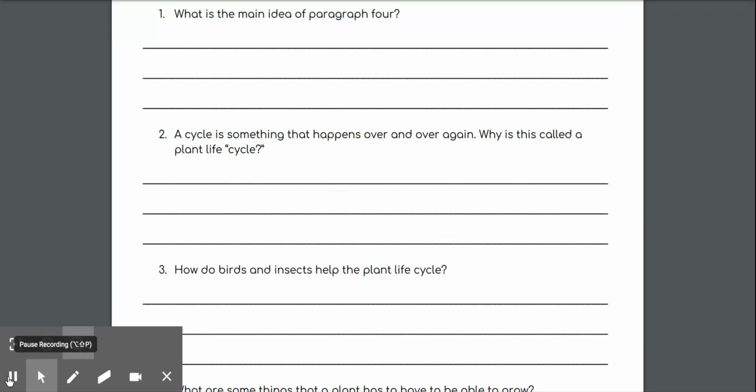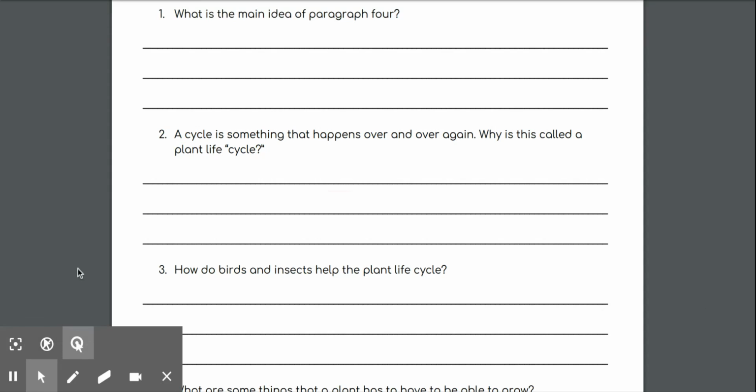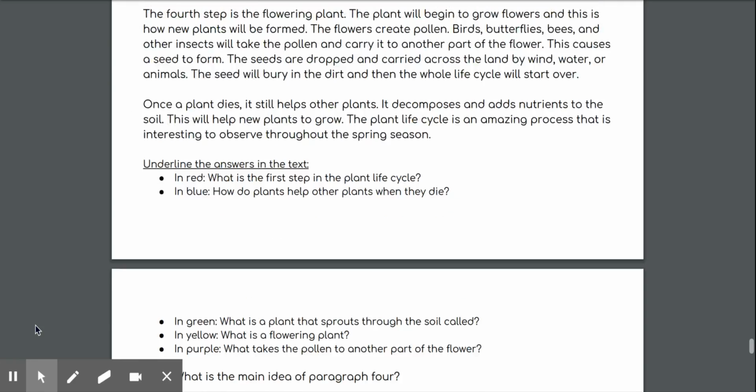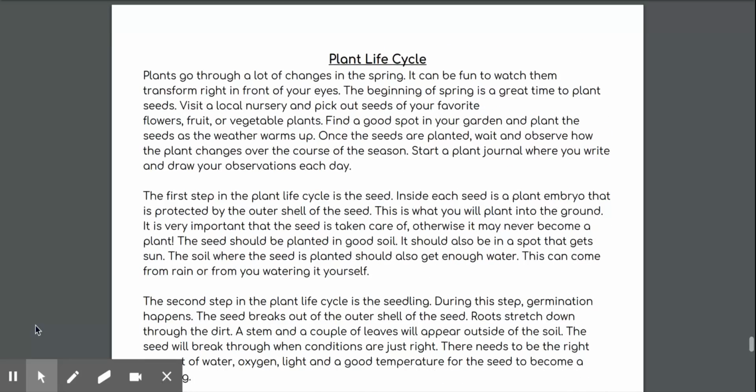So now it's time for our questions. Question one says, what is the main idea of paragraph 4? So I want you to go back to your text and count until you get to the fourth paragraph.